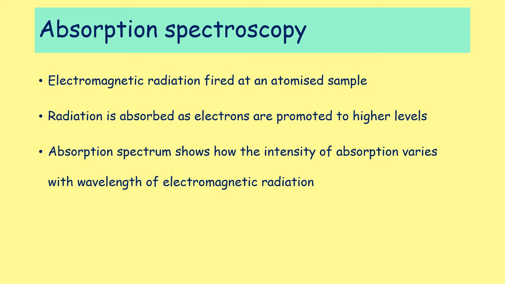Now, in absorption spectroscopy, this is when we are looking at radiation that has been absorbed by a sample to promote electrons. We take our electromagnetic radiation, and this is typically visible light or ultraviolet, but could honestly be any of the types of electromagnetic radiation, and we fire it at an atomized sample.